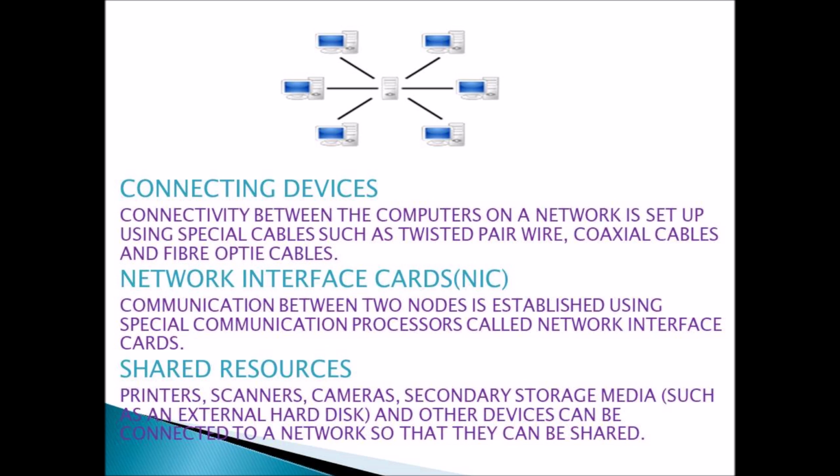There are various types of cables available, and based on the speed of the data transfer, the cable may differ. The twisted pair cable, coaxial cable, and fiber optic cable, which has the fastest speed. Sometimes wireless connectivity like microwave and even satellites are used.